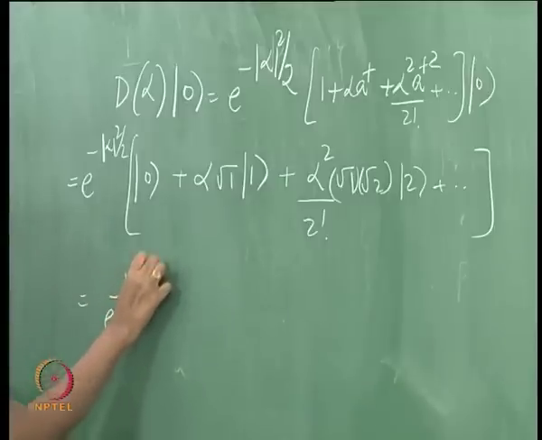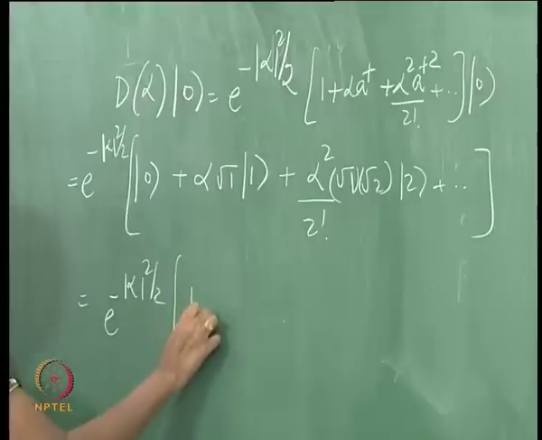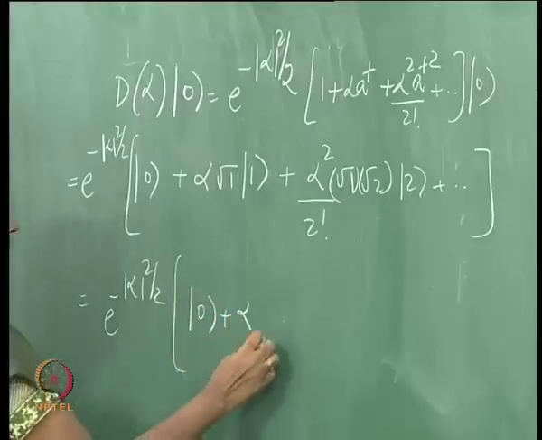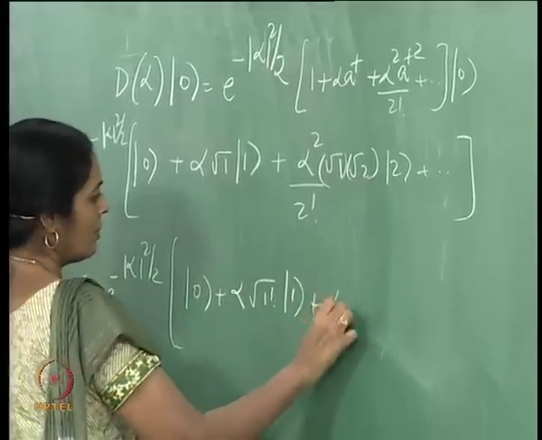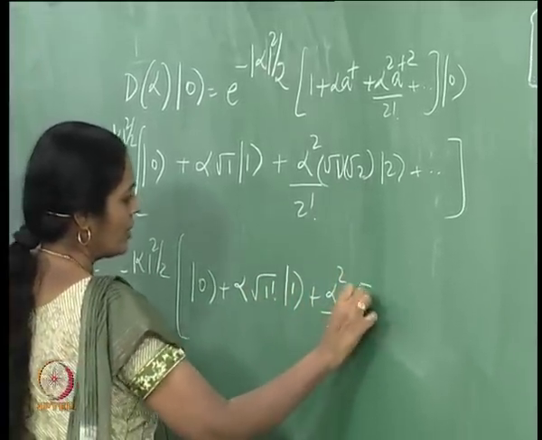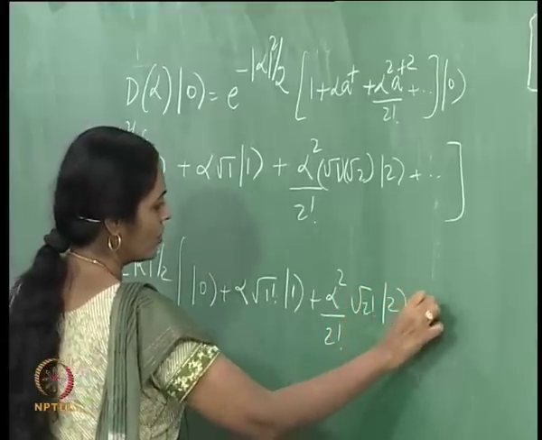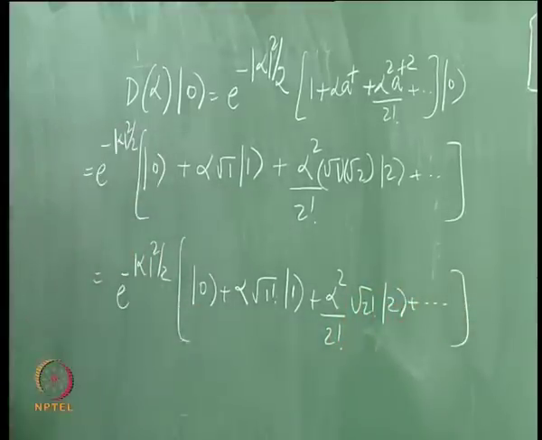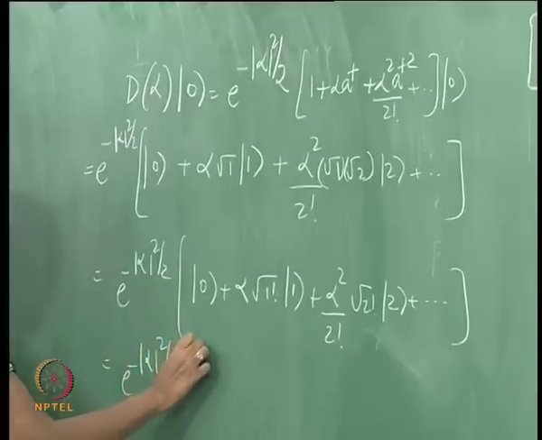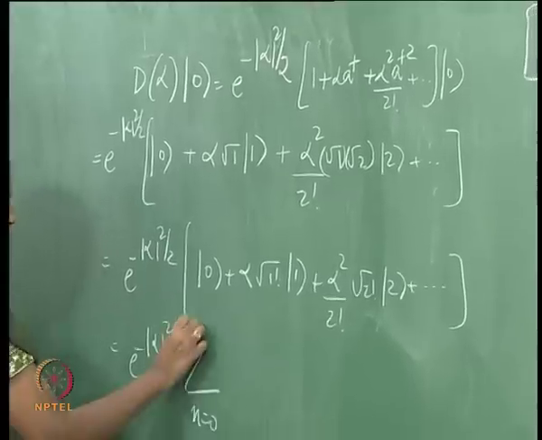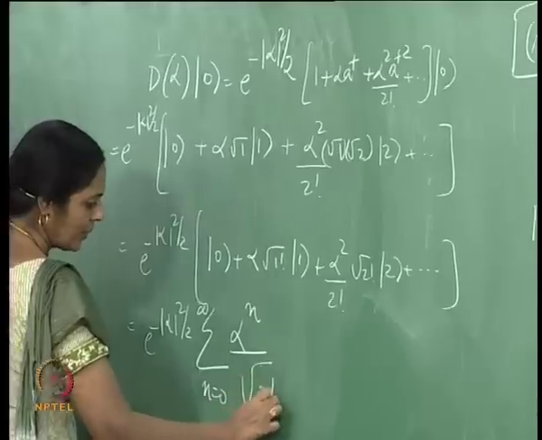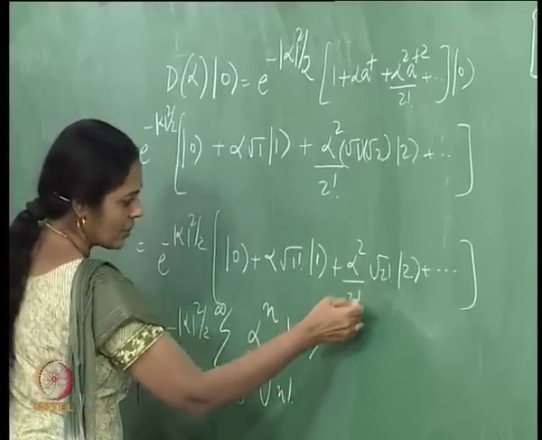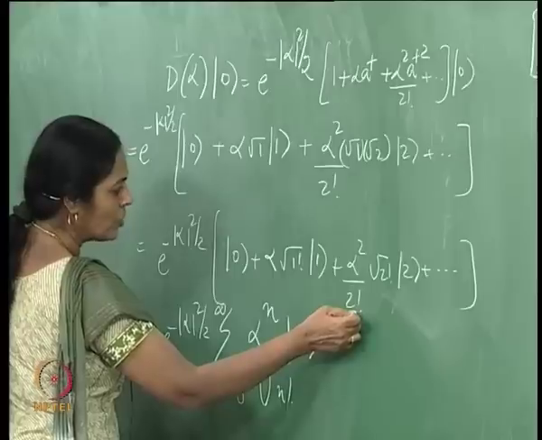This is e to the minus mod alpha squared by 2 times ket 0 plus alpha by root of 1 factorial ket 1 plus alpha squared by 2 factorial root of 2 factorial ket 2 and so on. This is really e to the minus mod alpha squared by 2 summation n equal to 0 to infinity alpha to the power n by root n factorial ket n, because that gives me a root 2 factorial in the denominator.